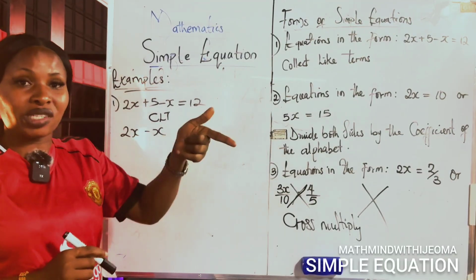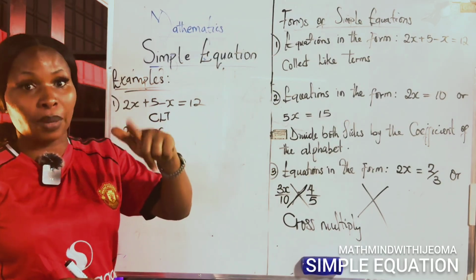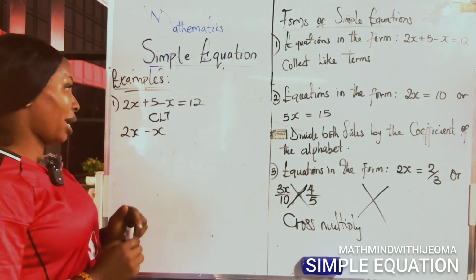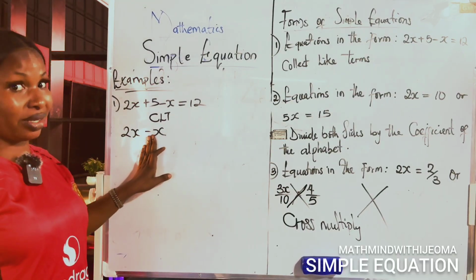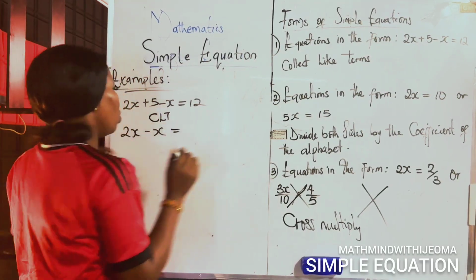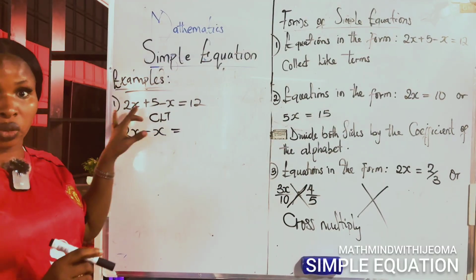Whenever positive crosses equality sign, it becomes negative. And whenever negative crosses, it becomes positive. Okay? Now, it did not cross, so it's remaining the same. Is equal to, we have finished taking everything that is with x in our equation.